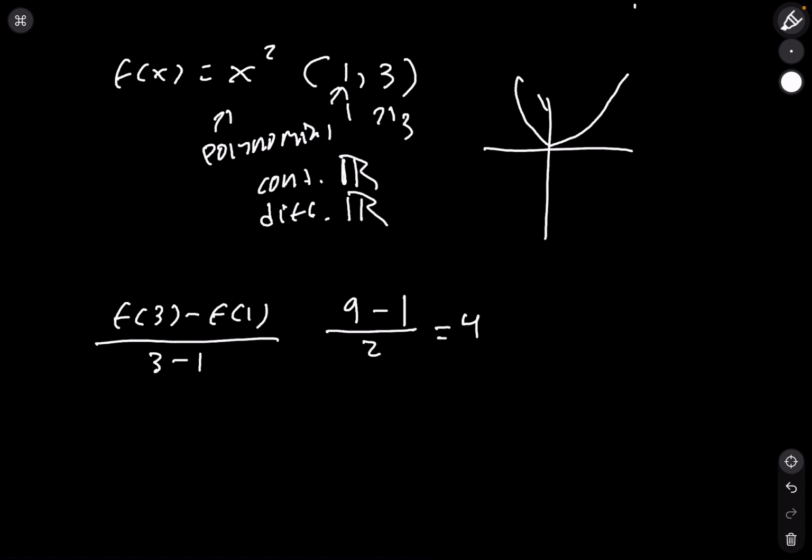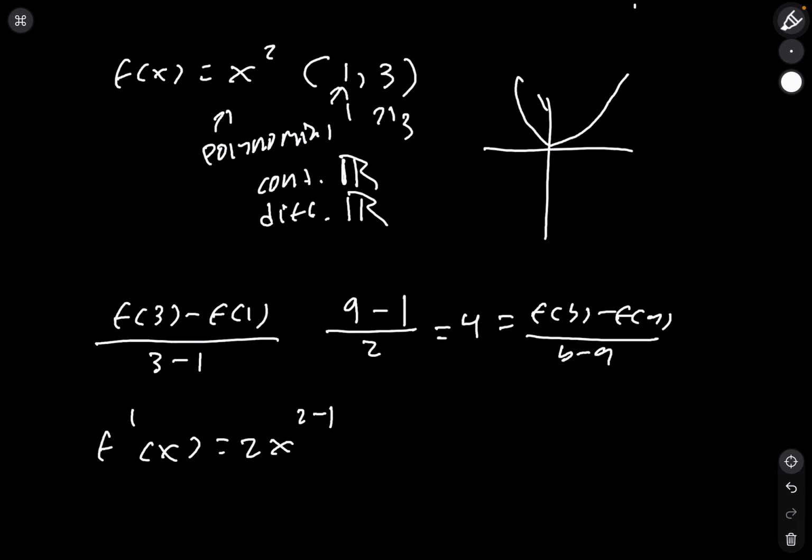So since we have our f of b minus f of a all over b minus a, what we can do is set this equal to the derivative of x squared. Using the power rule, f prime of x is equal to 2x.